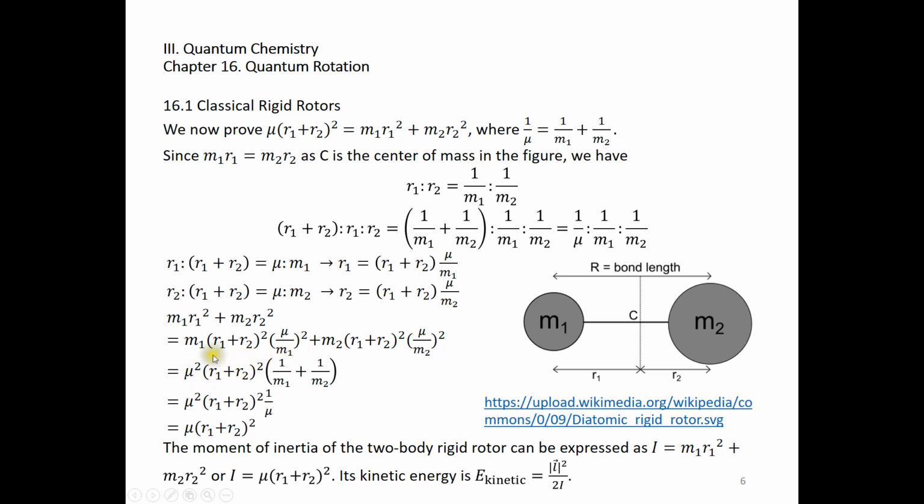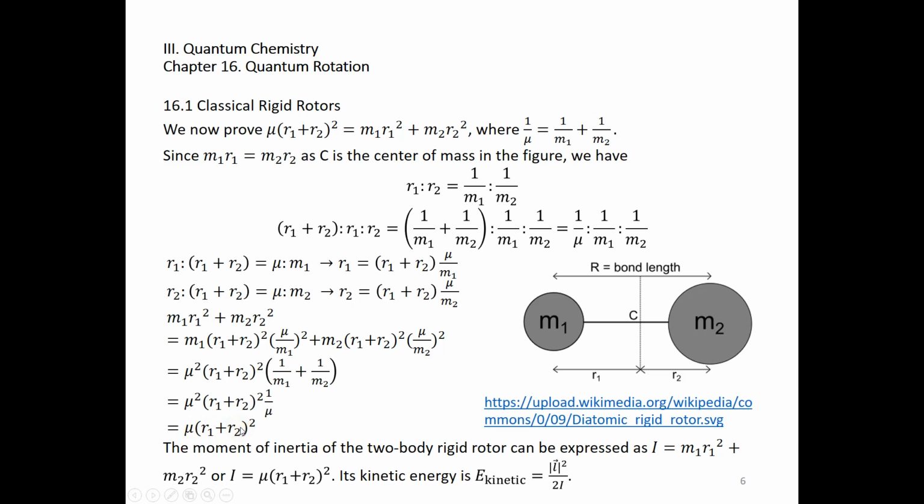On the left hand side, we have m1 over m1 squared. That's the reciprocal of m1. In the second term, we have the reciprocal of m2. We look at this, the sum is 1 over mu, so we have this here. The result is mu times r1 plus r2 squared.